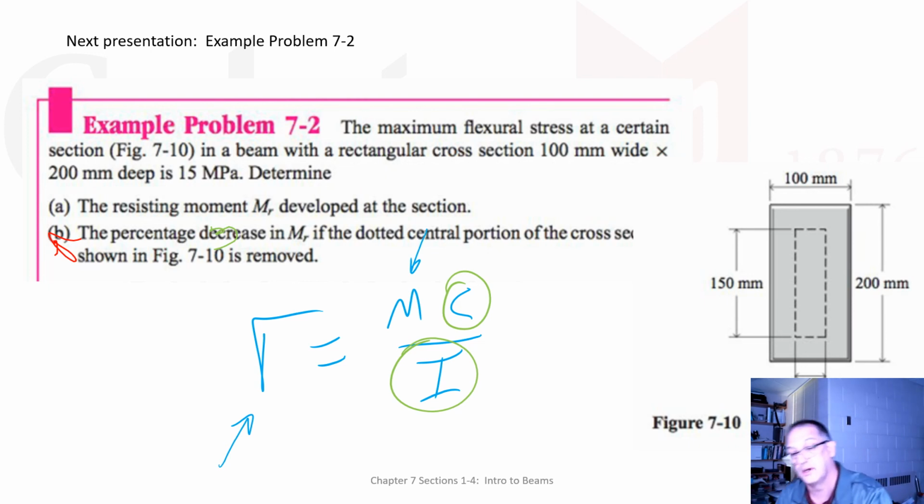They're almost always going to be provided for us. And so we're going to be calculating this relationship between the stress and the moment. You can see already in this example problem, we've been given a stress, 15 megapascals. So find the moment. Well, that means we've got to calculate C and I. So, all right. Don't worry, there's more to come.